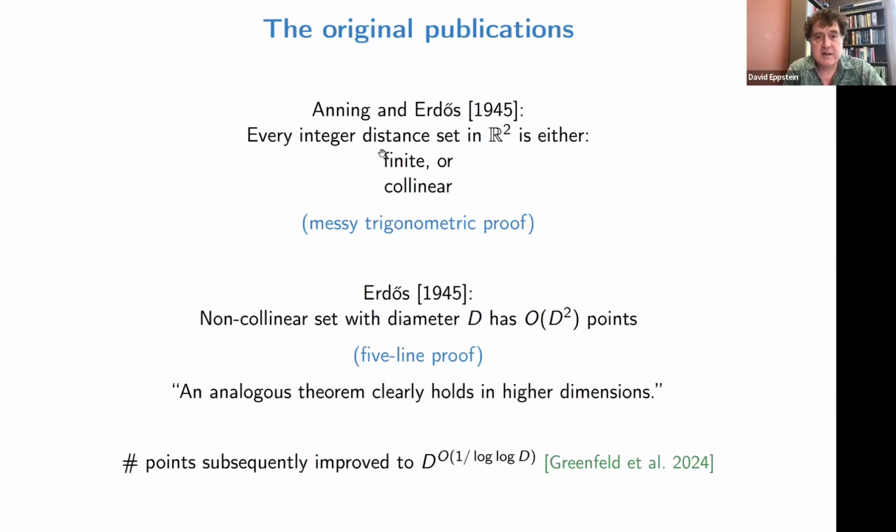The question that I'm addressing in this work is, can we get similar results in other metric spaces? Because the Euclidean metric space, it's nice. We can prove lots of things about it, but maybe we can generalize this to other metric spaces.